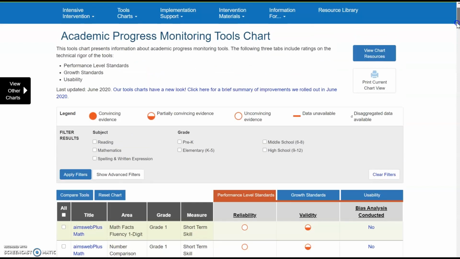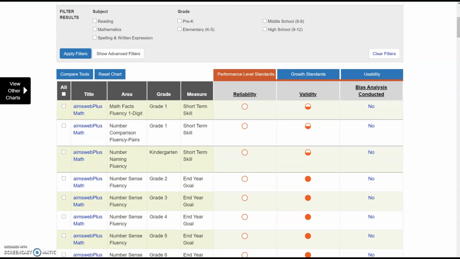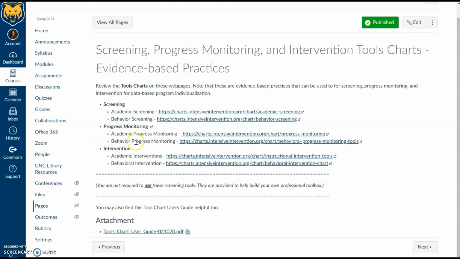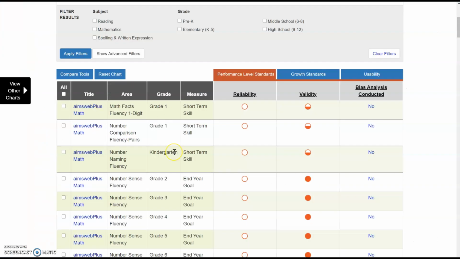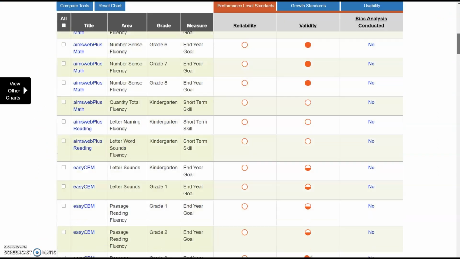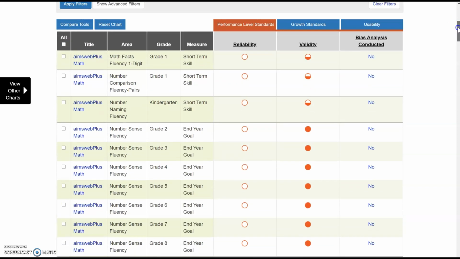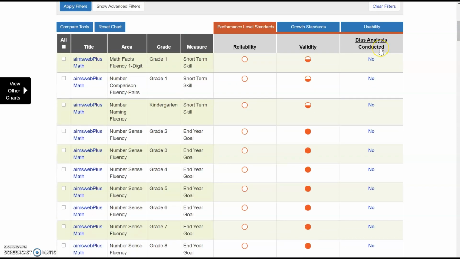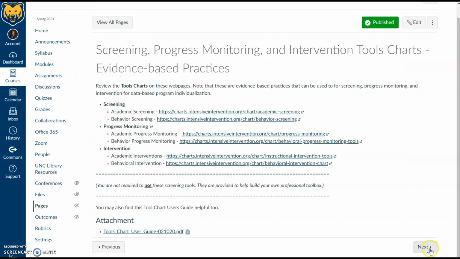They're just examples of things you can use to screen or progress monitor in a variety of areas, and you'll see that there are options for both academics and behaviors. Pretty cool to see that there are validity standards addressed here, and whether there's been an analysis for bias conducted. So you can then just check these out. They do go by grade level, and you can filter them as well.